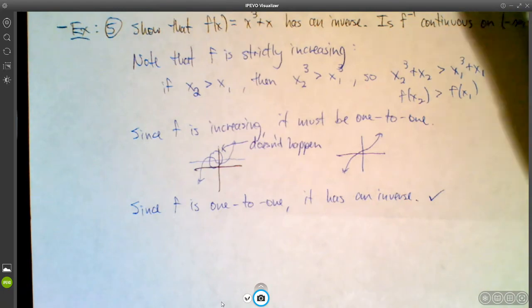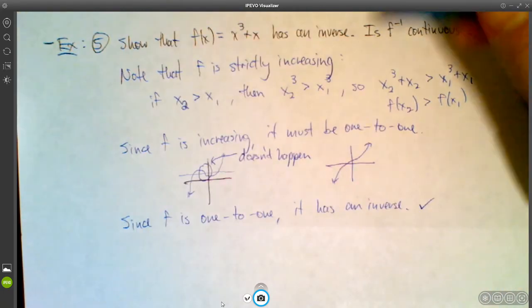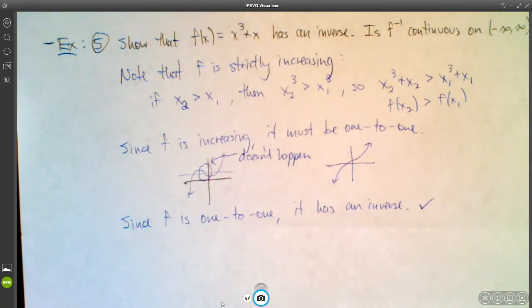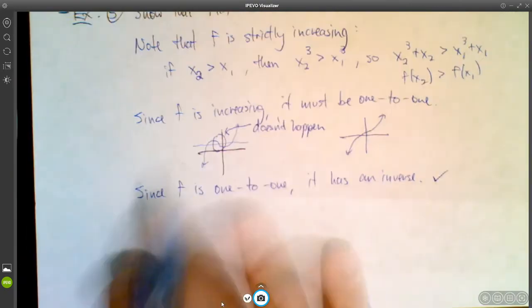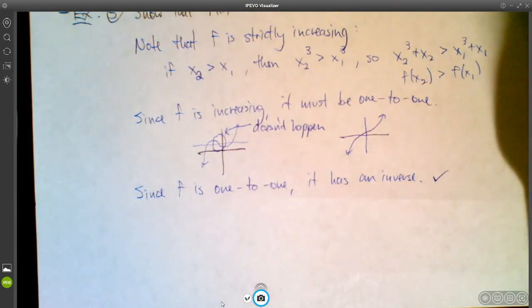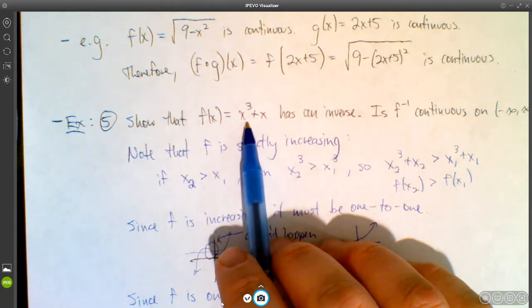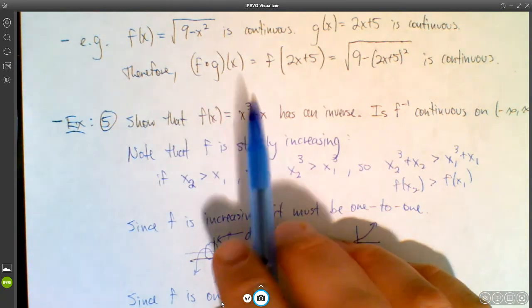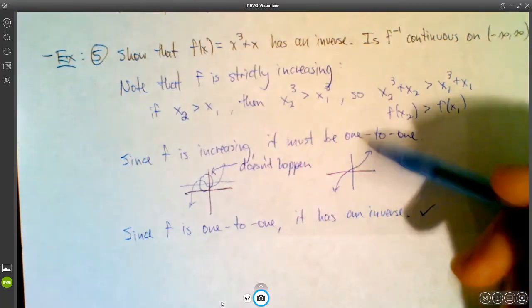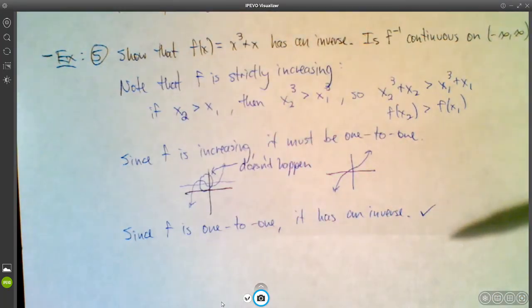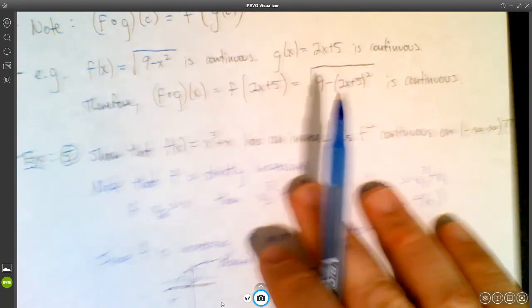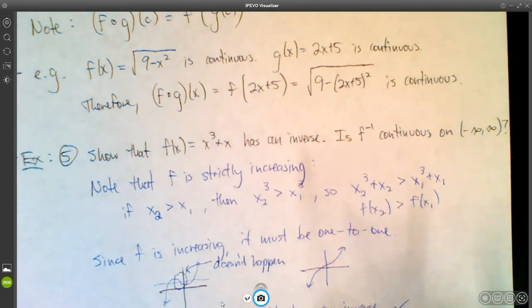Now the next task is to answer the question, is that inverse continuous on all real numbers? Well, f of x is a polynomial, so f of x is continuous. The range of f of x is all real numbers. So that means f inverse of x is continuous on all real numbers.